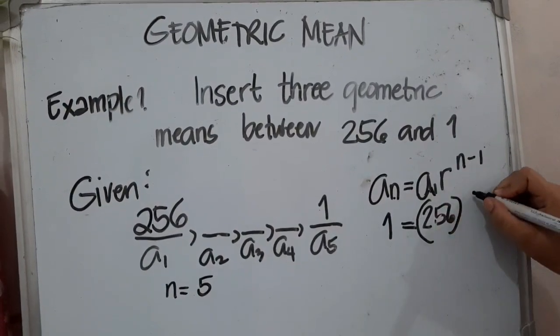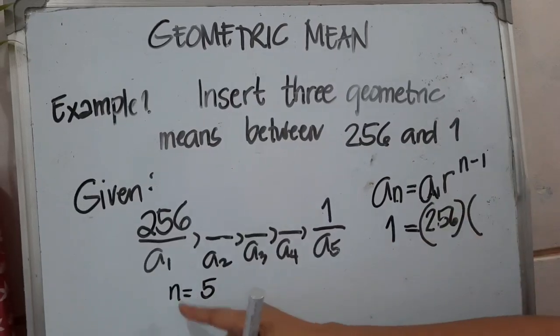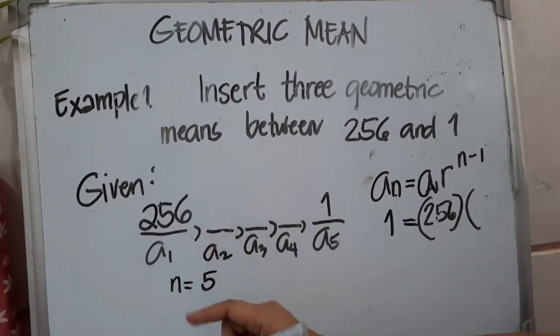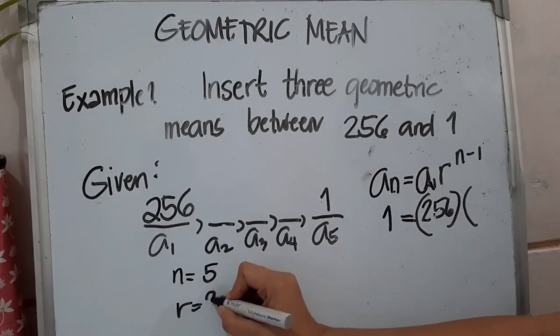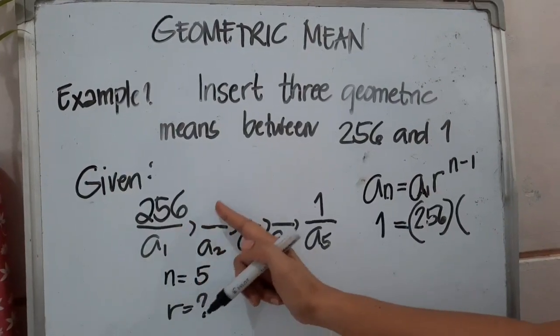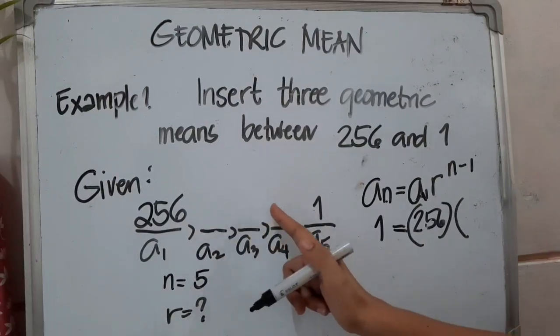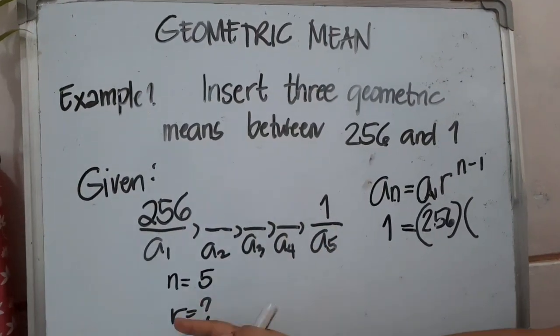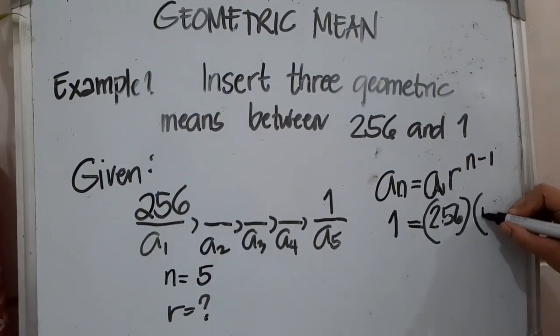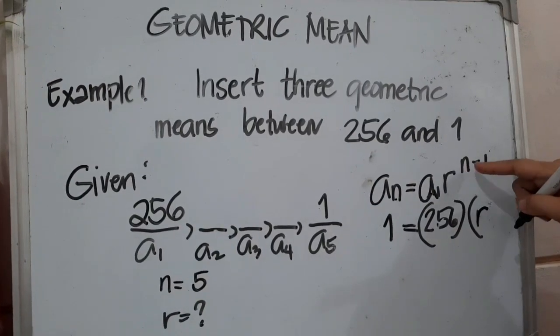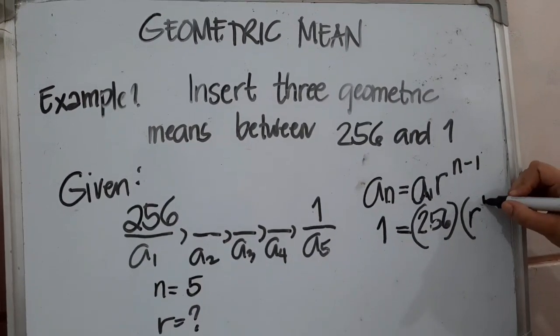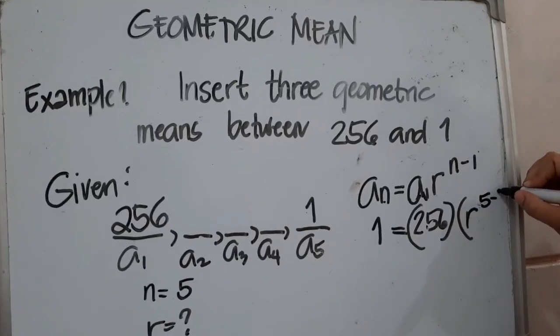Close and open parentheses. R, do we have R here? We don't have R. Why is it that we don't have R? Because we don't have succeeding terms. Sa Bisaya, walay nagsunod nga term. So we cannot identify the common ratio. So we just copy R, substitute n minus 1. So our n is 5 minus 1.